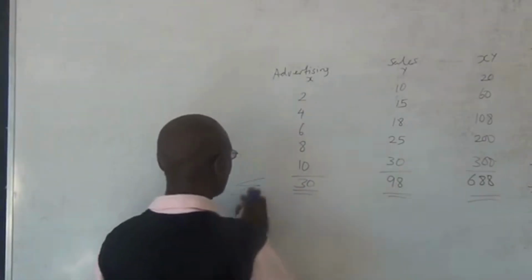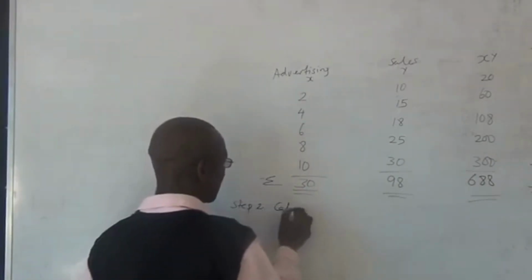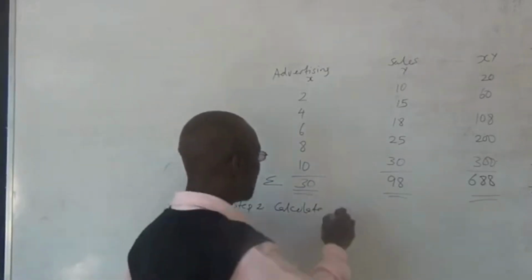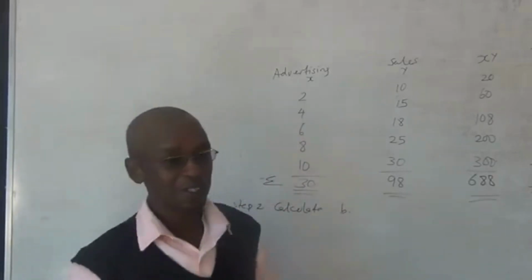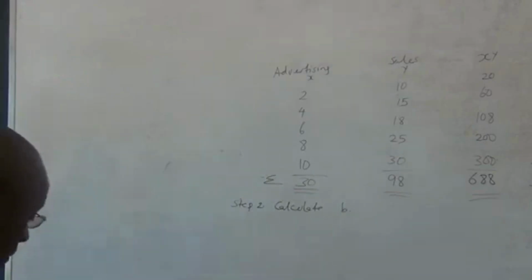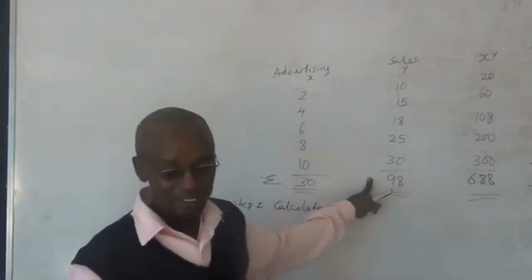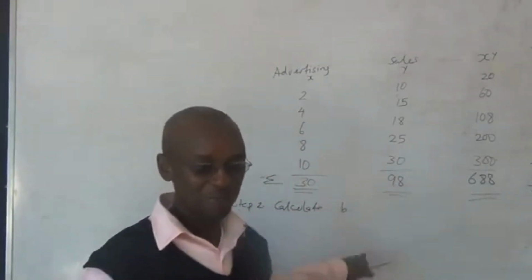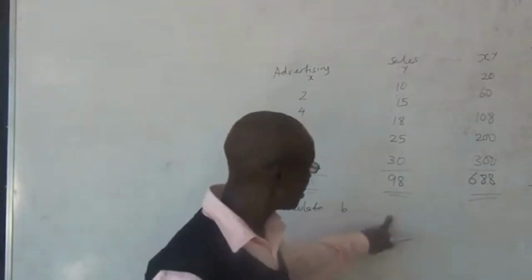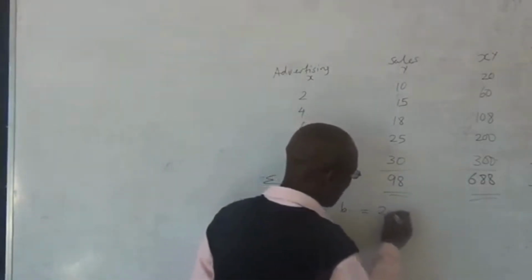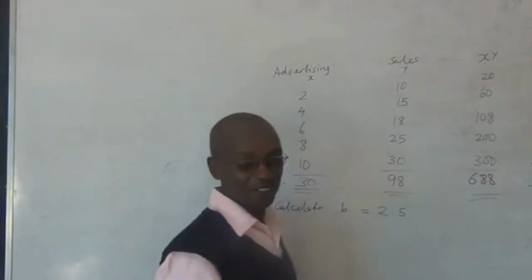Then, step 2, calculate what? Calculate B. So you use the formula. So, you substitute this in the formula, you calculate B, and when you do it correctly, you're supposed to get B is equals to 2.5.